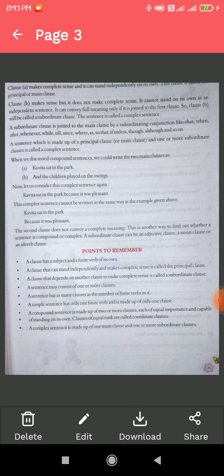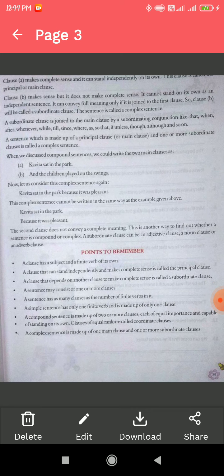In this topic, complex sentence and subordinate clause, we use subordinating conjunctions like that, when, after, whenever, while, till, since, where, as, so that, if, unless, though, although, and so on. These are the subordinating conjunctions. So the definition of a complex sentence is a sentence which is made up of a principal clause or main clause and one or more subordinate clauses. It is called a complex sentence.